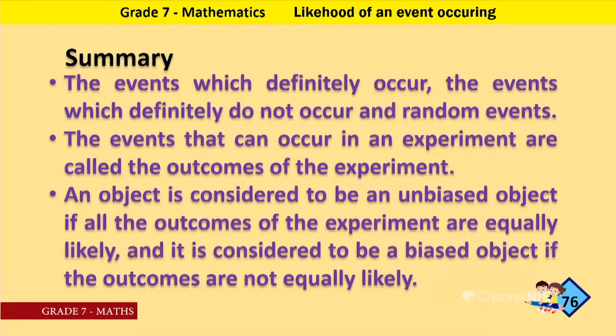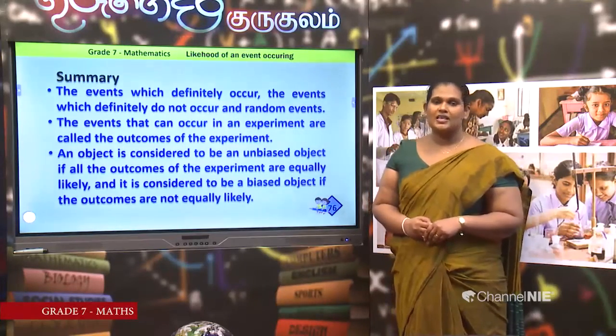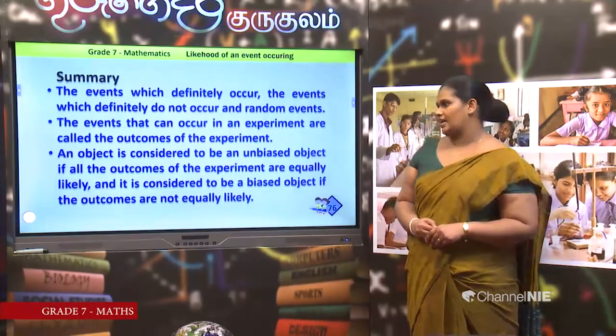Then, we have learnt how to categorize the events into 2 parts as the experiments and the outcomes. Finally, we have discussed the objects we are using in the events or in the experiments. So, the objects can be of 2 different types, biased objects and unbiased objects. If you are using unbiased objects, always the outcomes are equally likely.